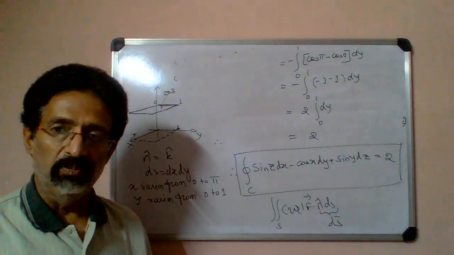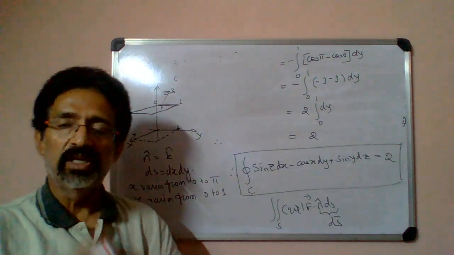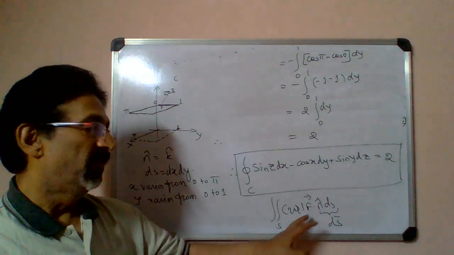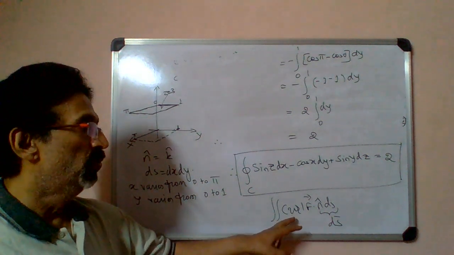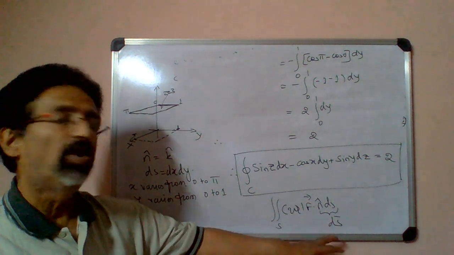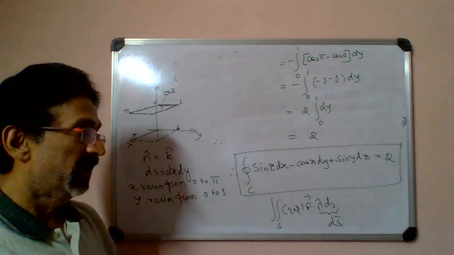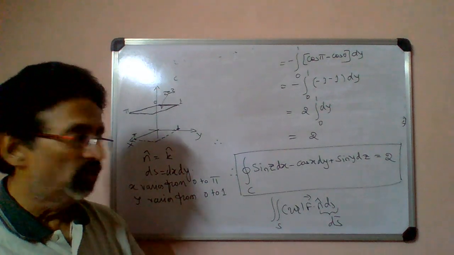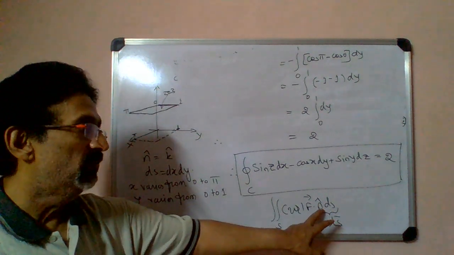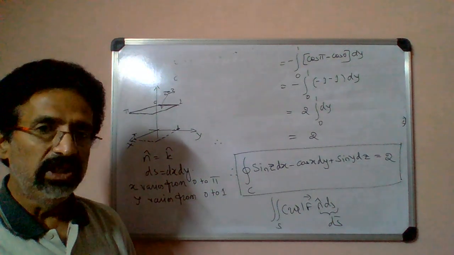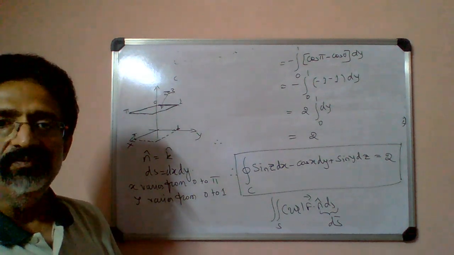So don't be confused if in some problems you get curl F dot dS, evaluate curl F dot dS. We came to know that dS bar is nothing but n cap times dS. That is the second thing.